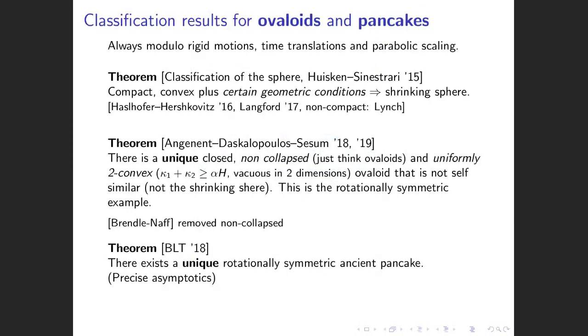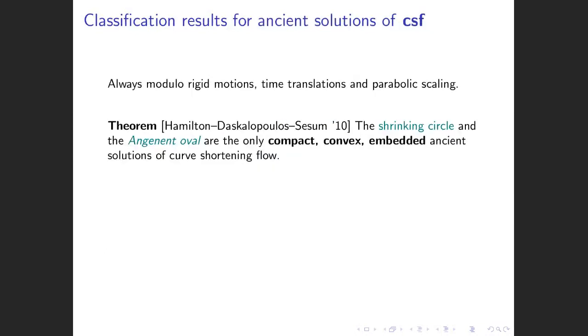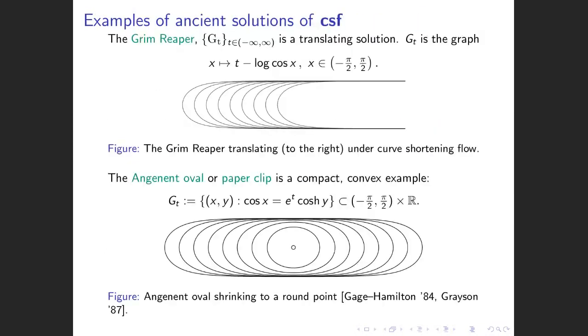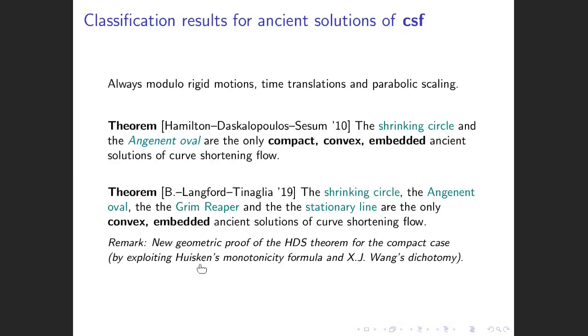Sorry. This one, the second one. Yeah. So can you expect any classification result for non-embedded with a large class of examples, or do you think it is not reasonable to have a classification in the non-embedded case?